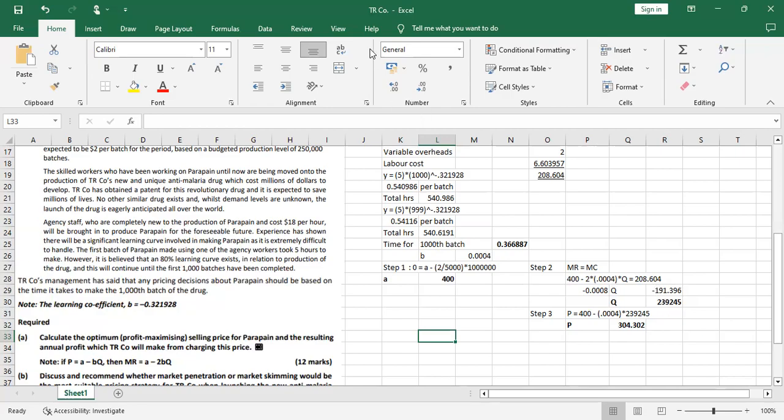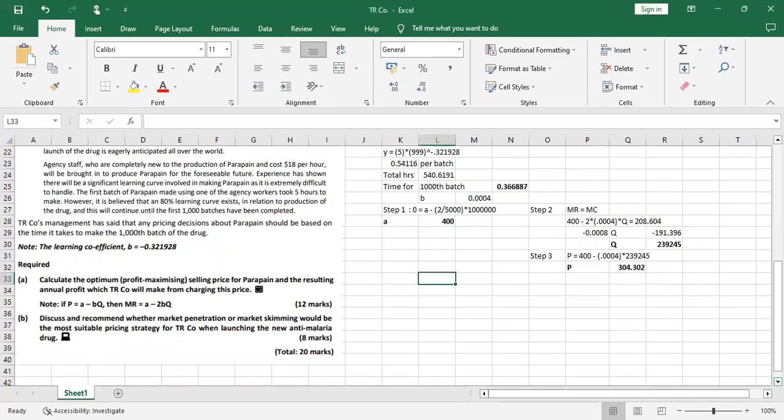Your Q could be 239,248, or maybe your Q could be 239,250. It does not mean you are incorrect or I am incorrect. We are solving the correct values. There could be difference in the value just because of the decimals. Any question related to these values?